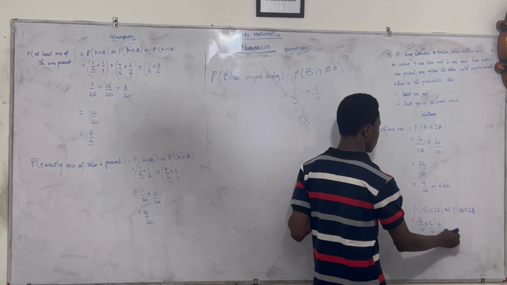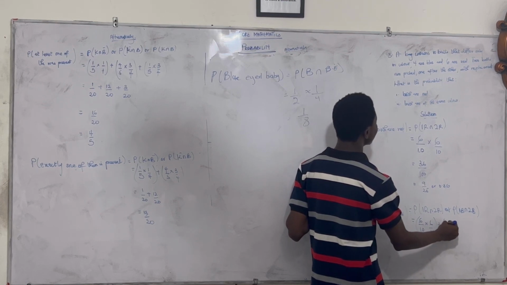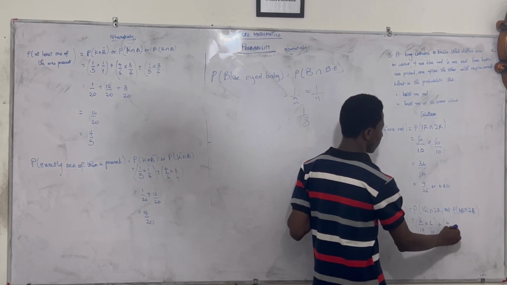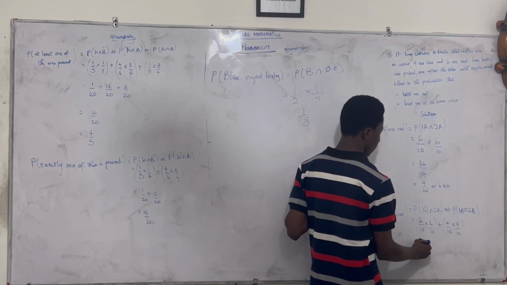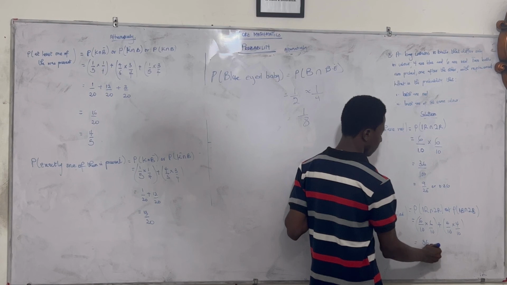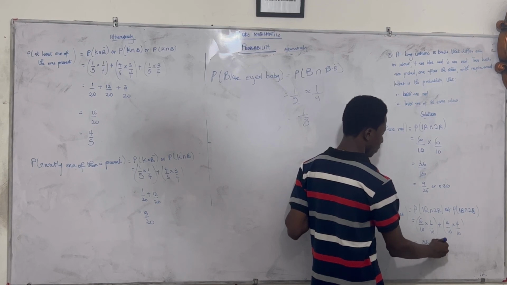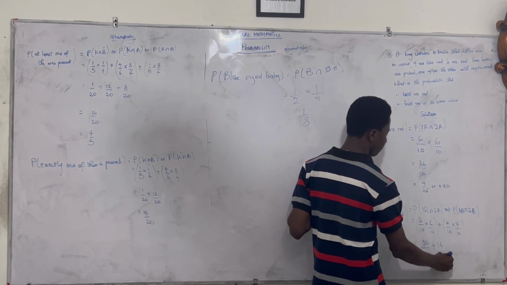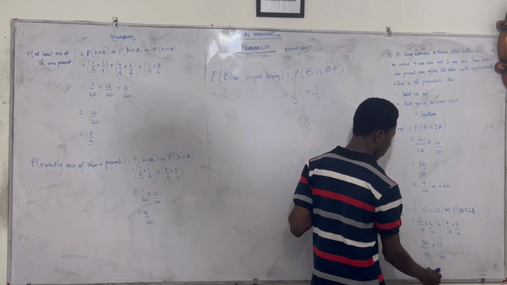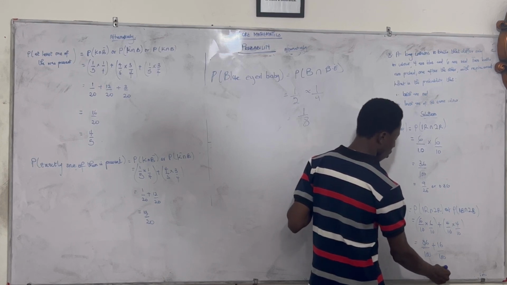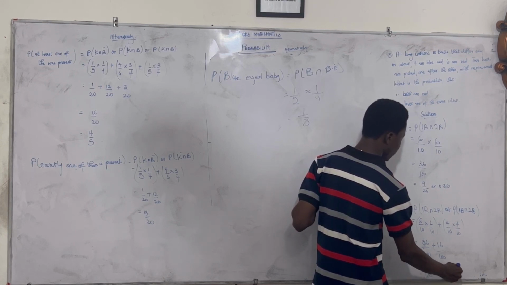The word "or" means plus. If it's blue, it's going to be 4 over 10 times 4 over 10. 36 over 100 plus 16 over 100 is 52 over 100, or 0.52.